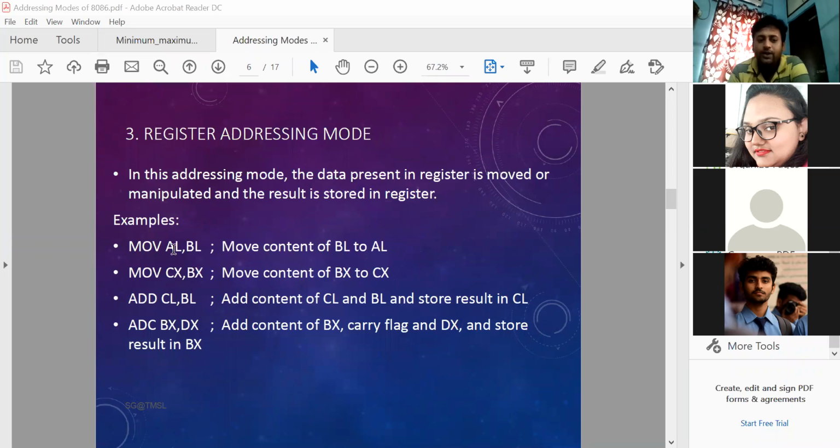The first register is your destination, and the second register specifies the source. So ADD CL, BL means addition between the content of CL and the content of BL, and the result will be stored inside CL. Now one thing you have to remember, that in 8086 the operations are not all accumulator oriented operations.